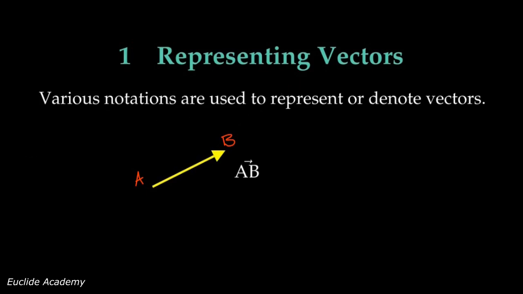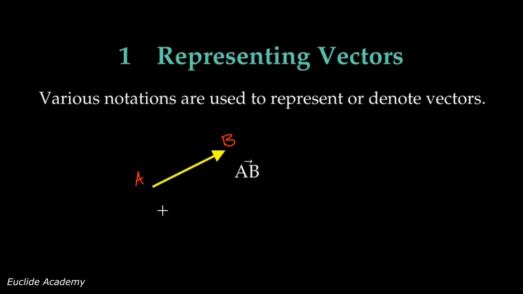So this represents that we have a vector AB which is in the direction of AB, starting from A going all the way to B, or ending at B. The tail is on A, then the head is on B of this vector.